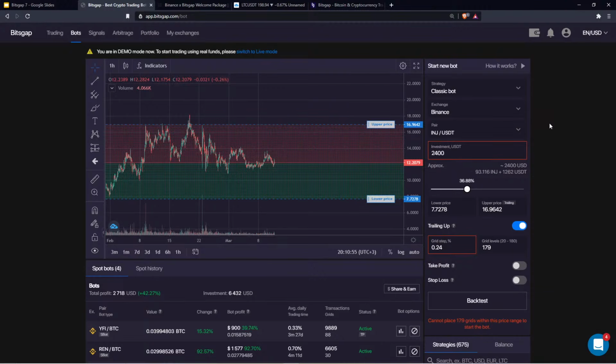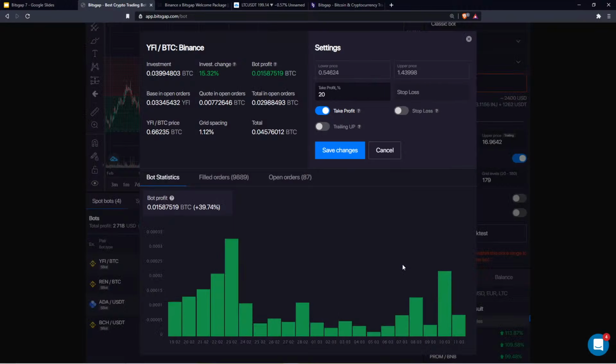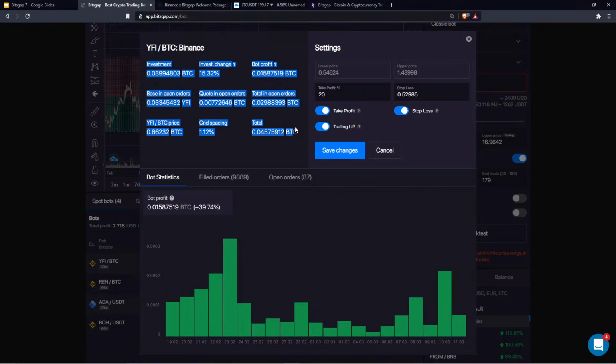Is it possible to change the grid spacing while the bot is active? The answer is no. You can't change the grid levels amount or the grid step. The only thing that you can change, guys, is here. You click on this button and you can only change the take profit, the trading up and the stop loss, because other metrics are locked in.